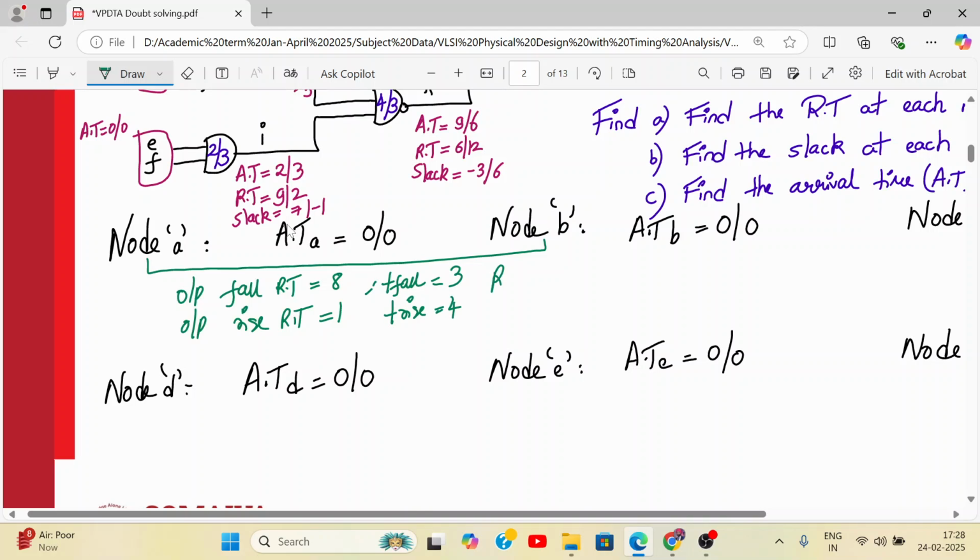So what is the required time for this? The required time will be output fall required time minus T fall upon output rise required time minus T rise. So it will be 8 minus 3 upon 1 minus 4. So that will be 5 by minus 3. That will be the required time.